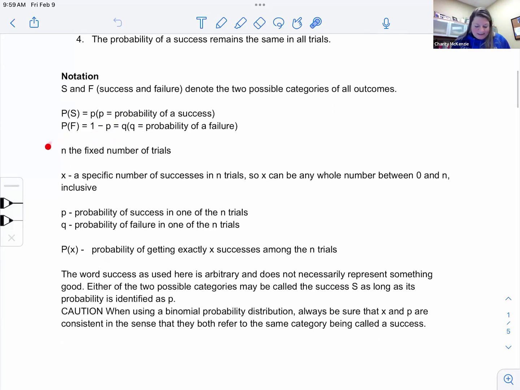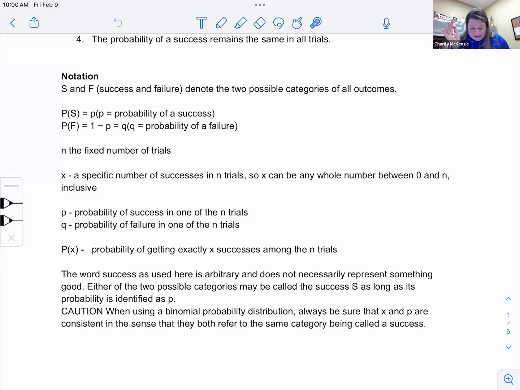Okay. N represents the number of trials, and X represents the specific number of successes in the trials. So X can be a whole number, 0 to N. Like if we surveyed 50 people and we want to know exactly, the probability of X, say three of them, what do they think?